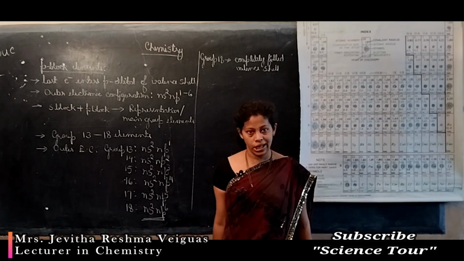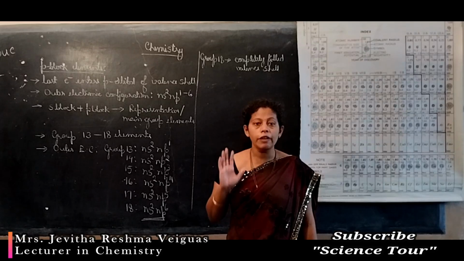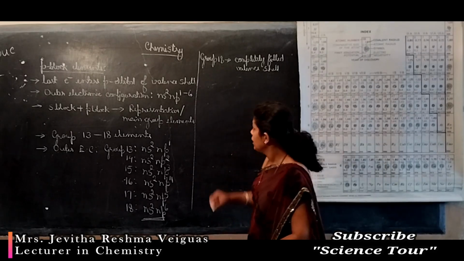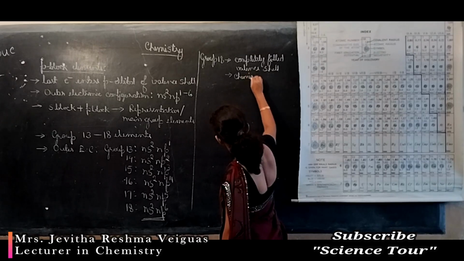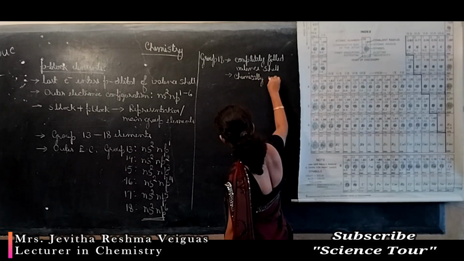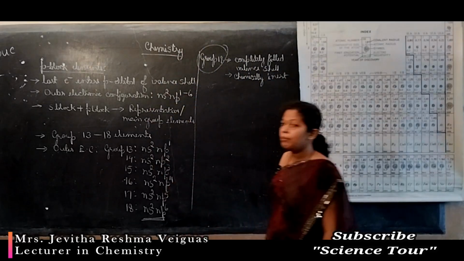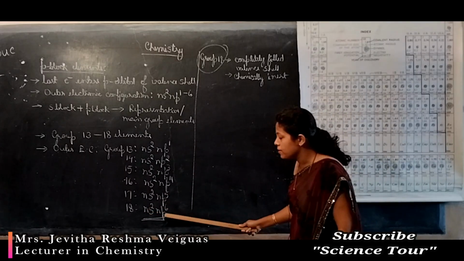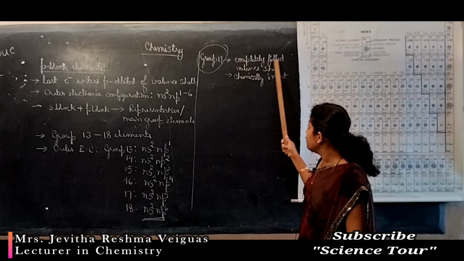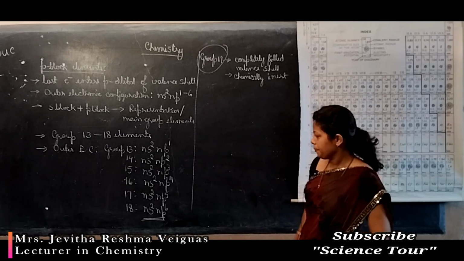Because they are already stable. Completely filled electronic configuration, if present, generally makes them chemically inert. So these group 18 elements are chemically inert, or chemically less reactive, because they have ns2 np6, a completely filled valence shell. Hence they are chemically inert.